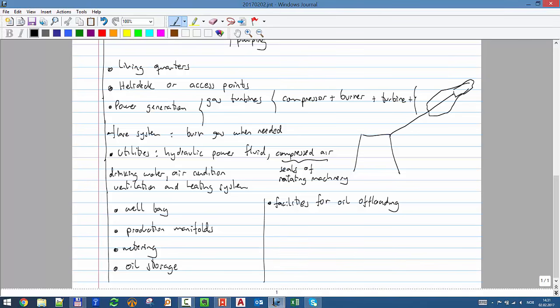And then you have a control system, the monitoring system, then you have the system to store production chemicals.